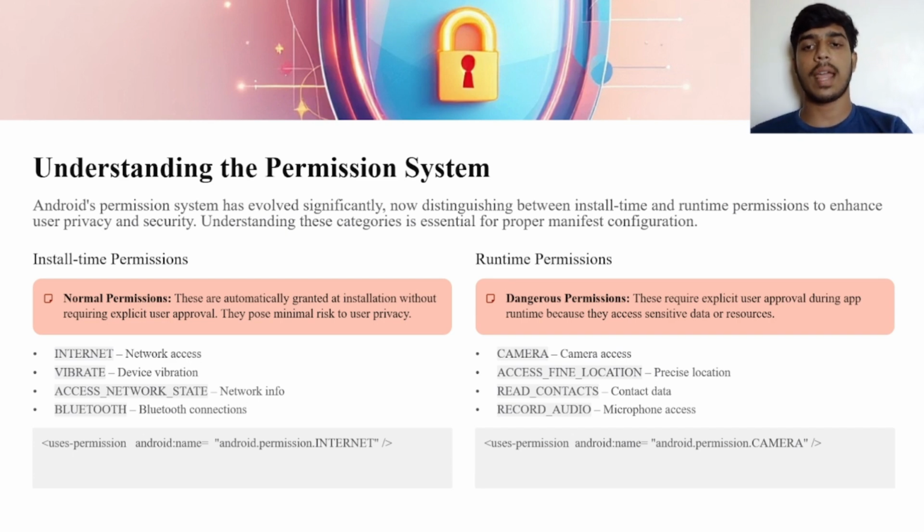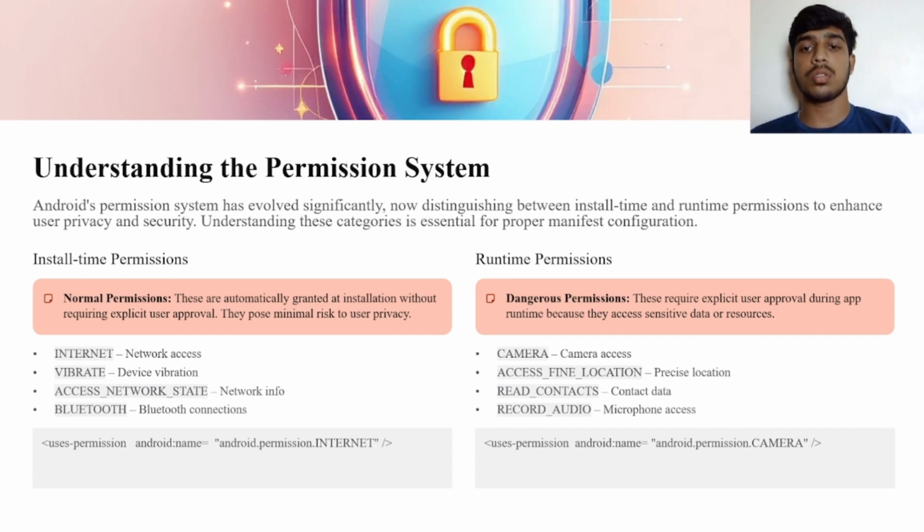Earlier, in an earlier application, all the permissions were given, but now only required permissions can the user select, for security purposes. And runtime permissions require user approval, as I have said, like camera or location. If the application really needs the camera or location, you should allow it, or otherwise there is no need to allow it.